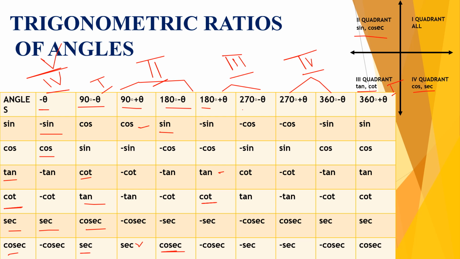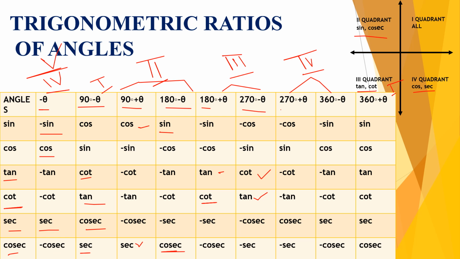When we move on to 270 degree minus theta, for 270 degree, again the ratios will get interchanged. It is in the third quadrant, tan and cot will be positive. Tan is interchanged to cot and cot to tan. The remaining values are negative.